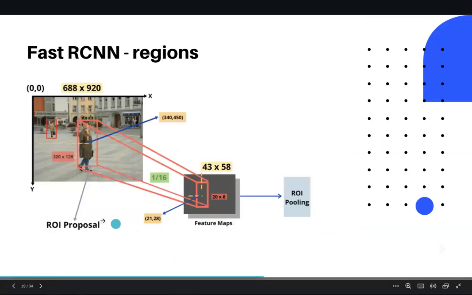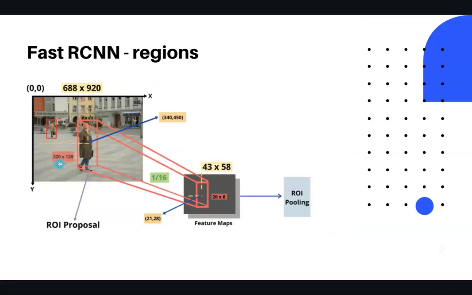And that leads us to seeing how that's done. For example, if selective search has proposed this object with location 340 by 450, which are the X, Y coordinates, and the width and height are 320 by 128, and we know the input image is 16 times bigger than the convolutional feature map, what do we do?